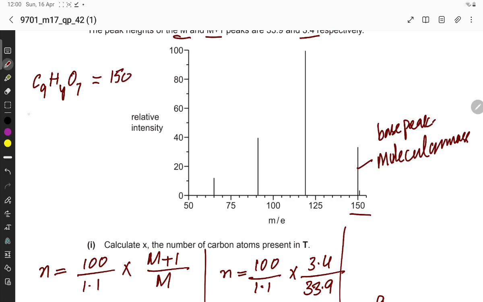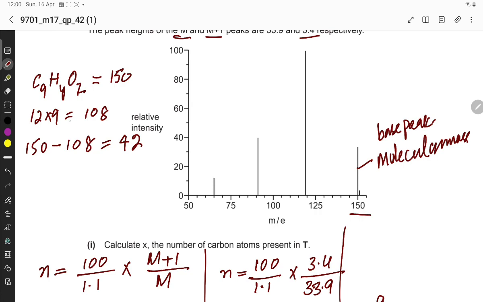Now we know that the number of carbon is 9 and Ar of carbon is 12. So 12 into 9 is equal to 108. Now subtract this mass from 150. 150 minus 108 is equal to 42.